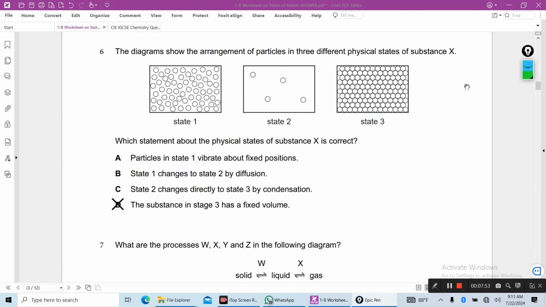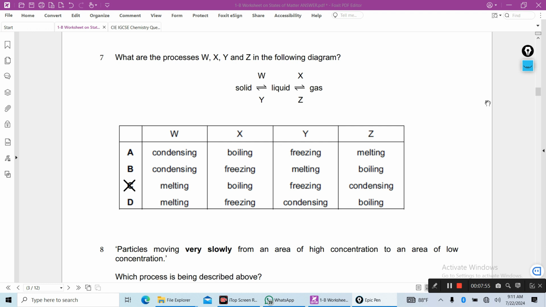Number 7. What are the processes W, X, Y and Z in the following diagram? You see W, solid goes to liquid, this is melting. X is liquid goes to gas, boiling.